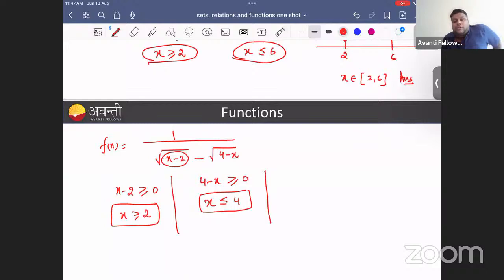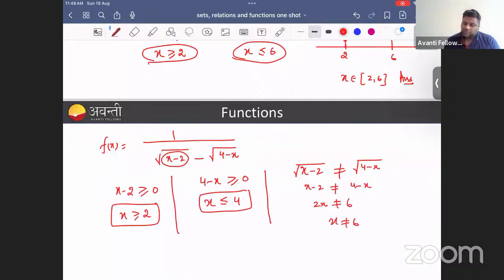Second thing, simultaneously, what do you want? This denominator should not be 0. So denominator should not be 0 means under root of x minus 2 should not be equal to under root of 4 minus x. Yes or no? Now if you square both sides, you get x minus 2 should not be 4 minus x. So 2x should not be 6, means x should not be 3.